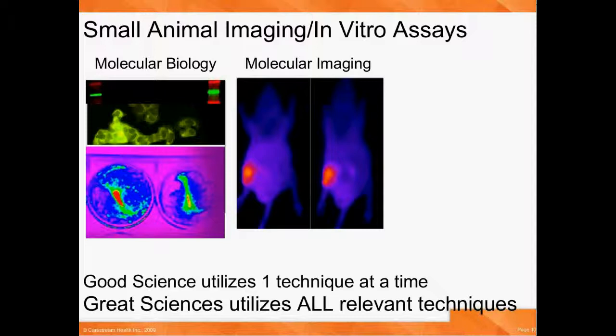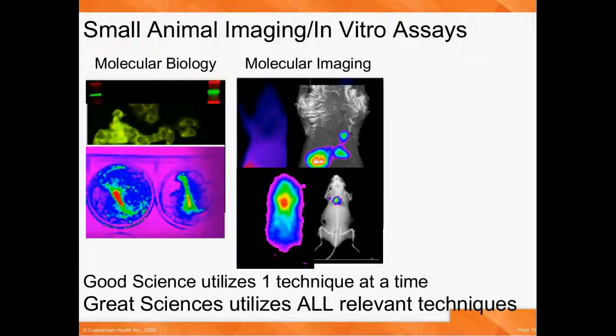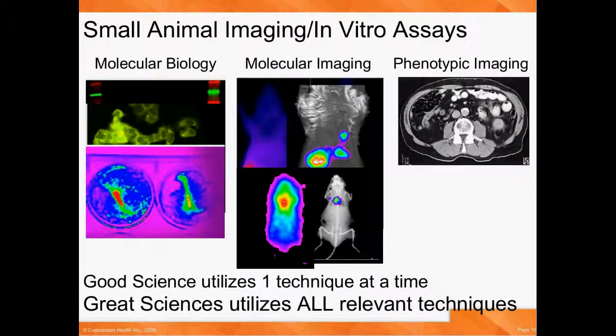That includes localizing an event both in space and in time, whether it's a tracer or an activatable probe or a metabolic probe like FDG. In addition, phenotypic imaging can be done, and those phenotype data can be recorded for future analysis.